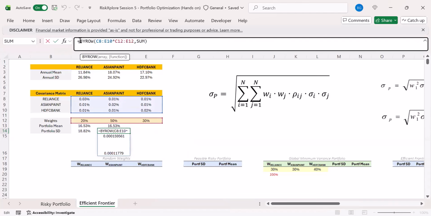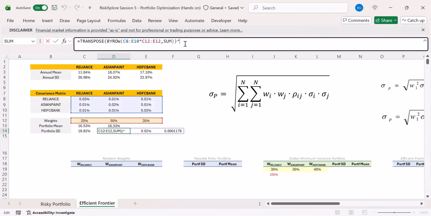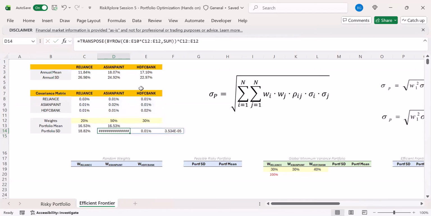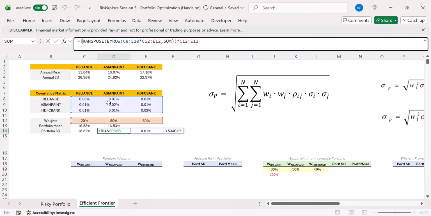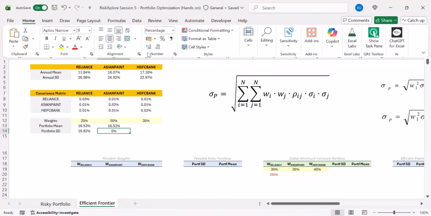Then we can transpose this. We have the transposed version here. Now इस transposed version को हमें multiply करना है with the weights. Once we have this, we can simply use sum function to get the variance. We have the variance here.